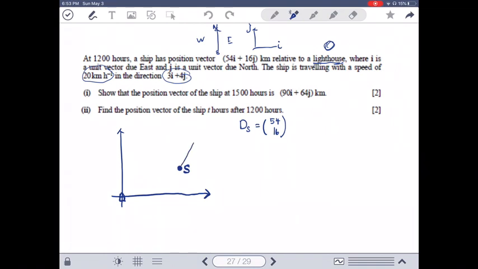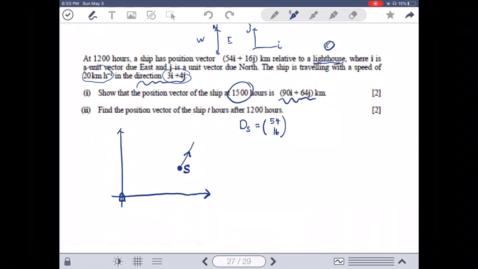So the direction vector of the ship is 3i plus 4j. Okay. Show that the position vector of the ship at 15 hours is 90i plus 64j.